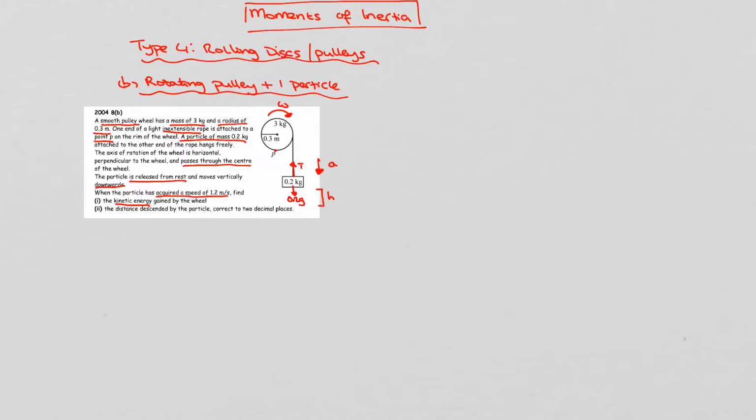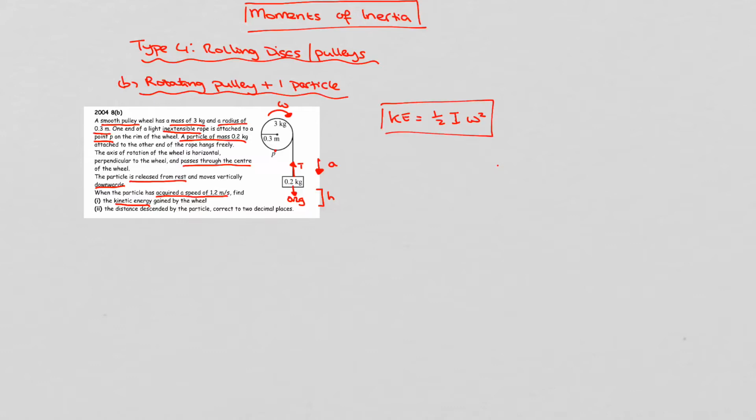If we're looking at page 54 in our maths tables, we can see that our kinetic energy is going to be half I omega squared, because the wheel is what we're looking at, and the wheel is going to have angular velocity.